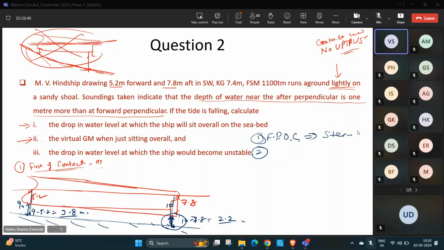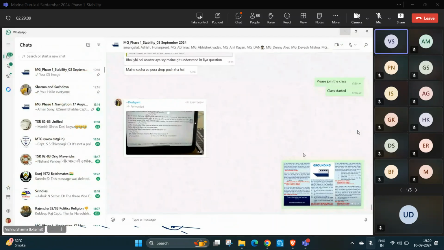So your first effort will be to find the first point of contact, and now you will cling on to it and work. Okay, now my next point is, at what depth will stern make first contact?